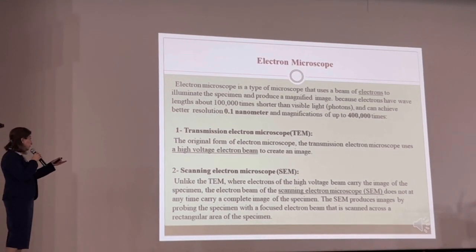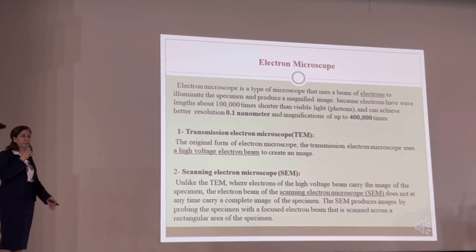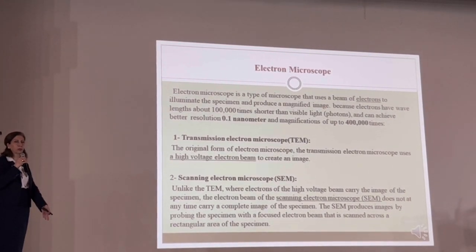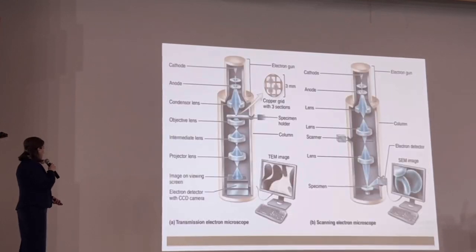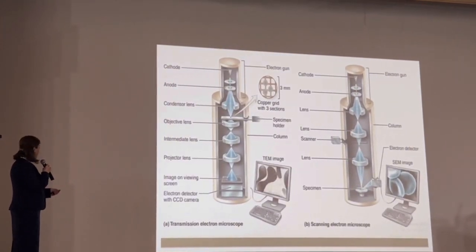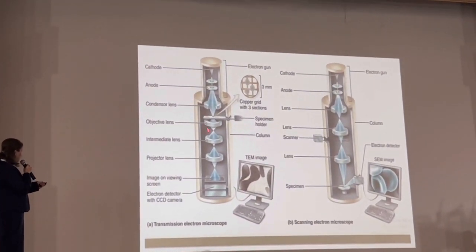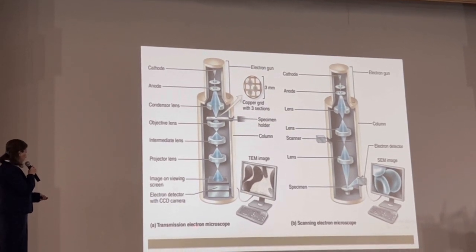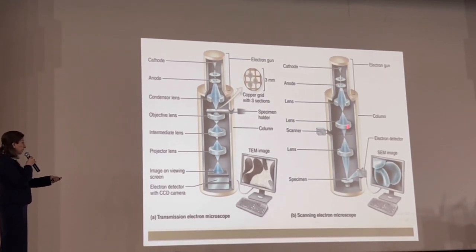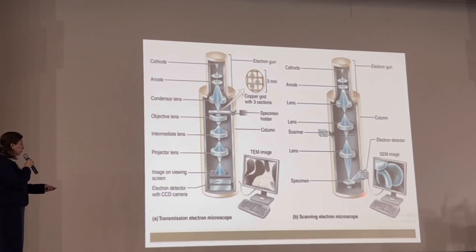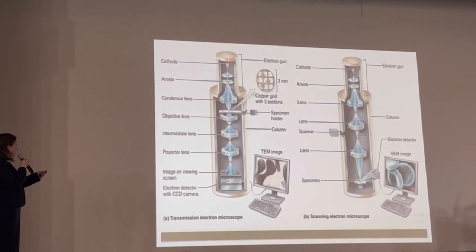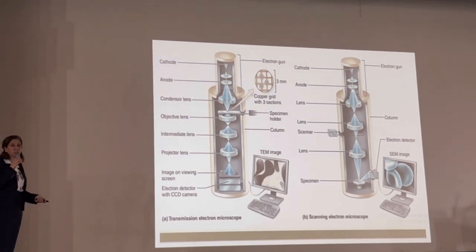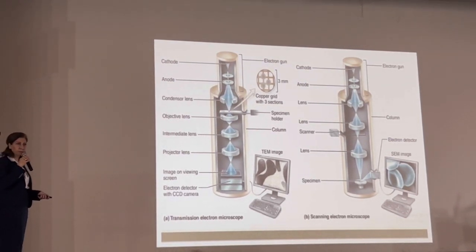In the transmission type, every single detail is captured. Here we have a diagram. We have this tube-like structure, the transmission electron microscope. The scanning one again is a tube-like instrument, and it has a cathode and anode and a source for creation of the electron beam.